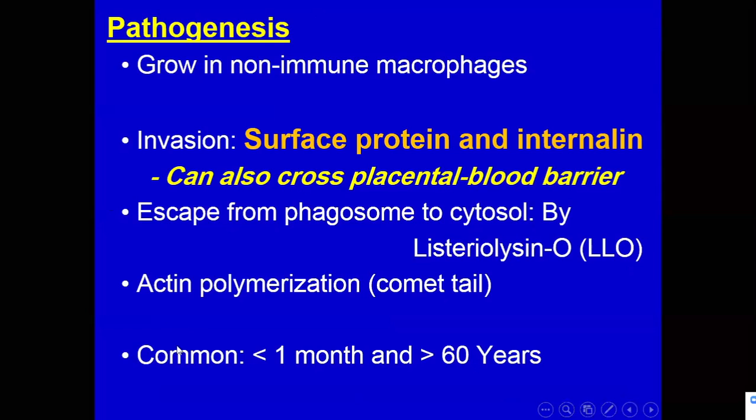These microorganisms commonly cause infections under 1 month of age, so it is very important in the early days of life, and also in susceptible individuals after the age of 60 years.